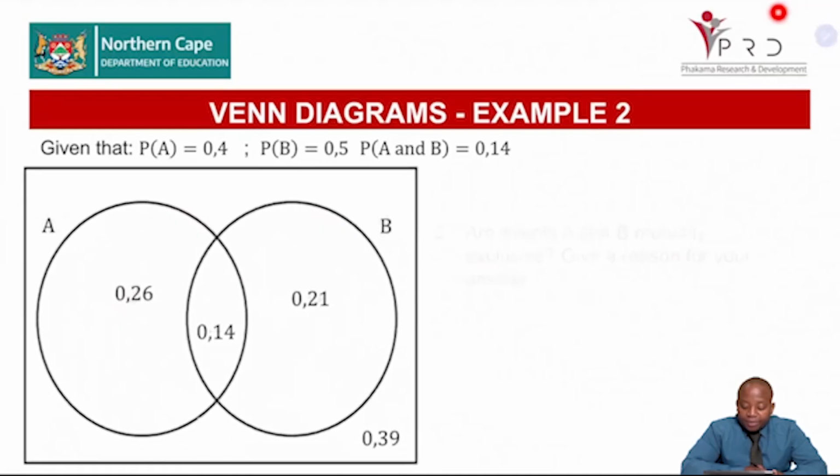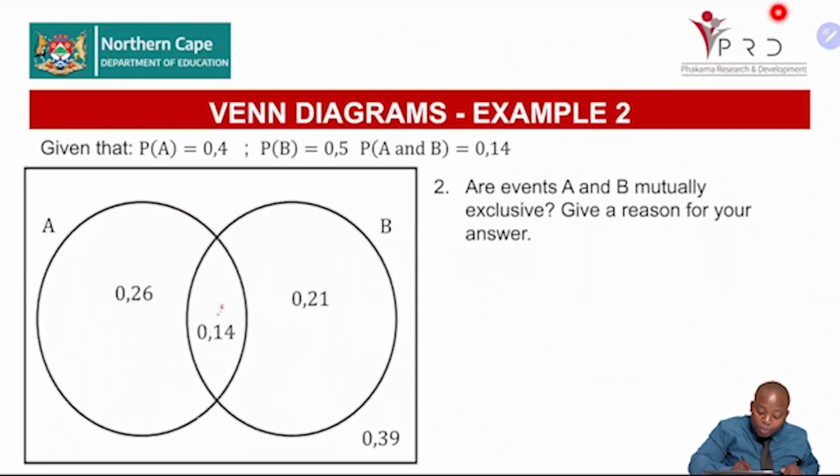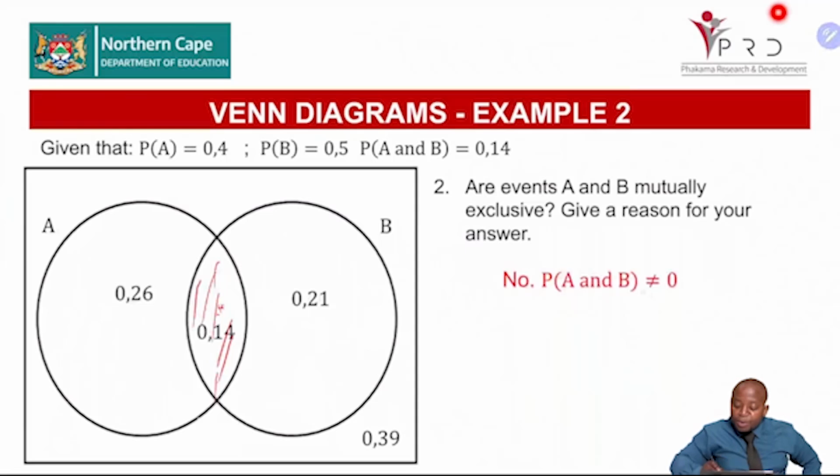Let's move on. Question number 2 says, are events A and B mutually exclusive? Give a reason for your answer. Remember, mutually exclusive means no intersection, no events in common. And if you can see, we have events in common here, there's an intersection. So the answer is no, because the probability of A and B occurring at the same time is not equal to 0.